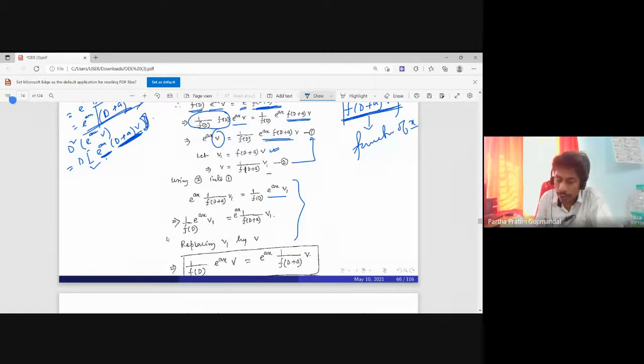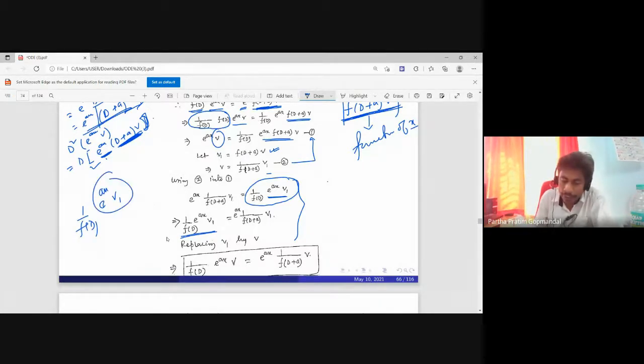So it turns out to be e to the power x v1. We started with the term 1 by f(D) operating on a new function, e to the power x into v1. You get the answer as e to the power x times 1 by f(D+1) v1.